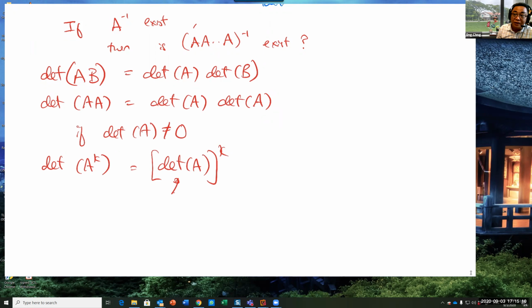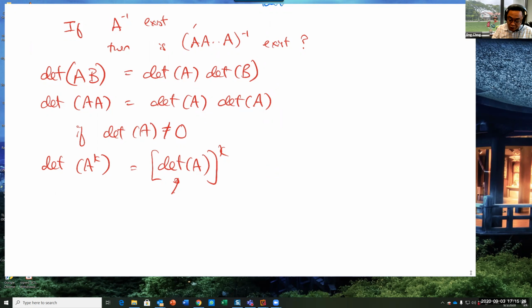Therefore, if you know determinants and can use them to prove it, it is a much easier affair. Okay? But if you do not know determinants, then how we showed it just now was one approach.